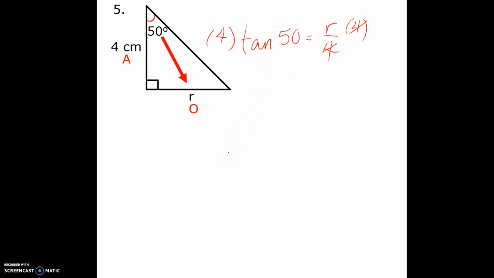We put 4 tangent 50 in your calculator, and R equals 4.8. So we saw in our first activity that all these 50, 40, 90 triangles have the same ratios and so forth, and now it's just using that to find those.